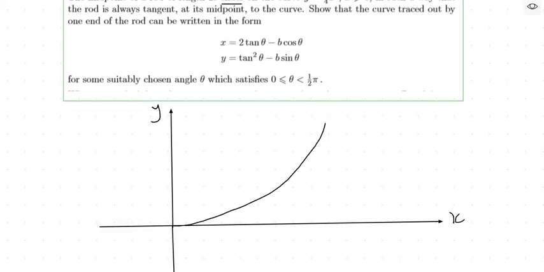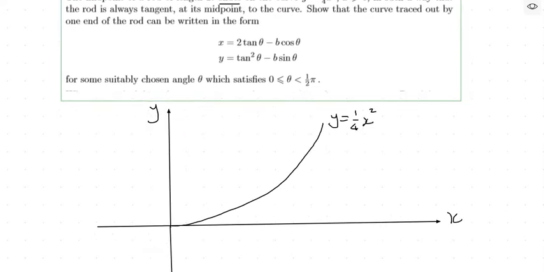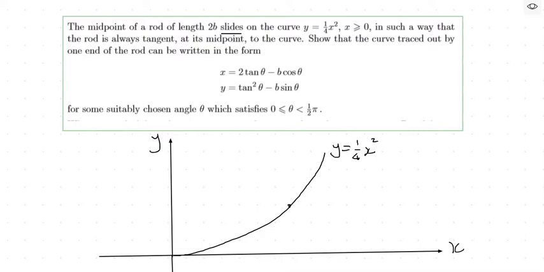So x and y, and then we have a point, and then we have a rod of length b, and the midpoint slides there. Sorry, length 2b, so each half of it is b. Show that the curve traced out by one end of the rod can be written in this form.